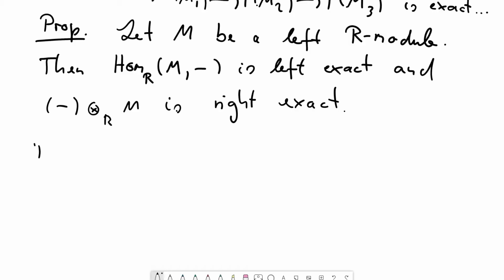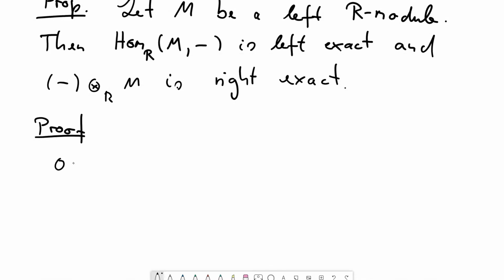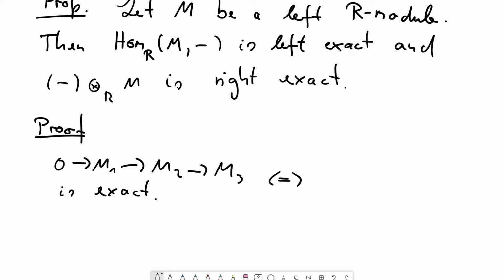And the proof now uses the tensor-Hom adjunction we proved last time. Namely, there is a nice observation. So the statement that this here is an exact sequence, 0, M1, M2, M3, so this one is exact, can be equivalently stated as saying that I have a pullback square, which goes like this.